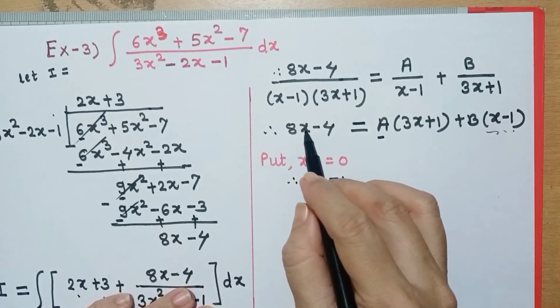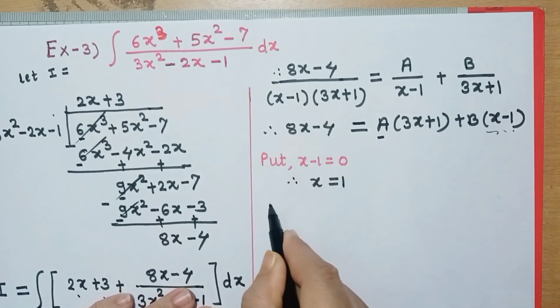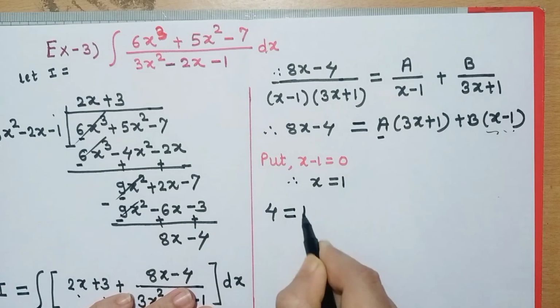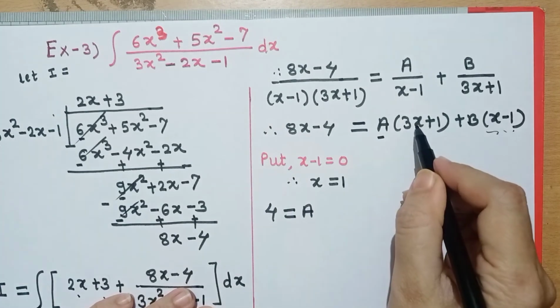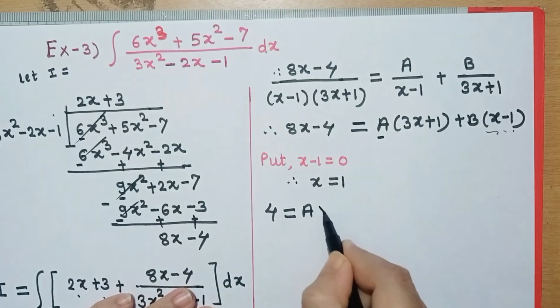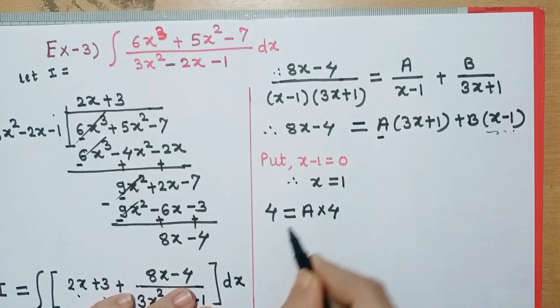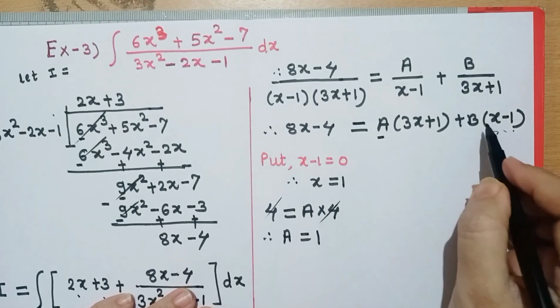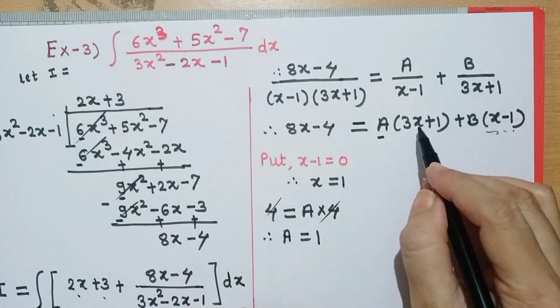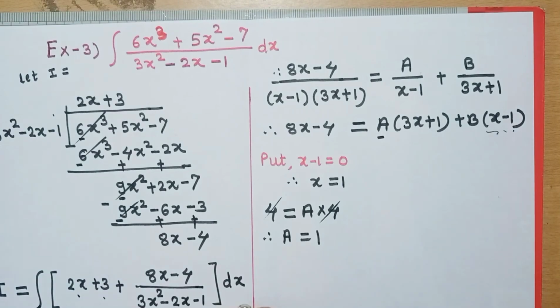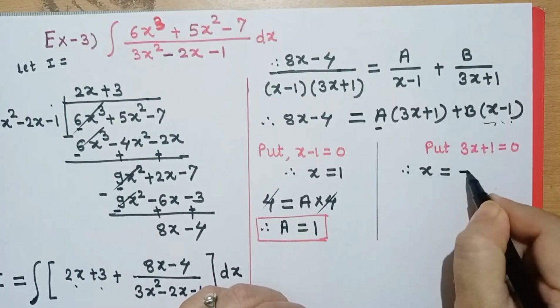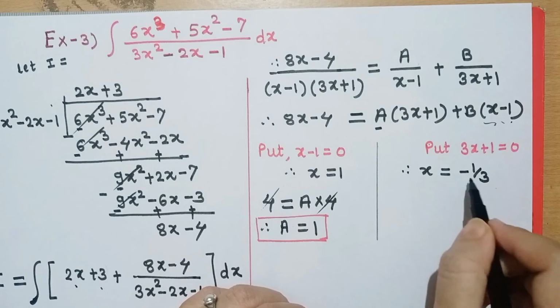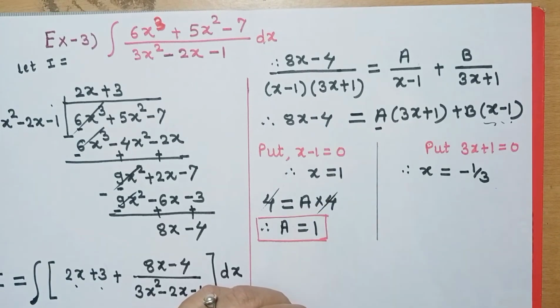We will substitute here. So 8 into 1, 8 minus 4 is 4, that is equal to a, and here 3 into 1, 3 plus 1, 4, and again this 4 gets cancelled, and therefore a is equal to 1. And to find the value of b, we will put this equal to 0, and therefore x is equal to minus 1 upon 3, and substituting this here.